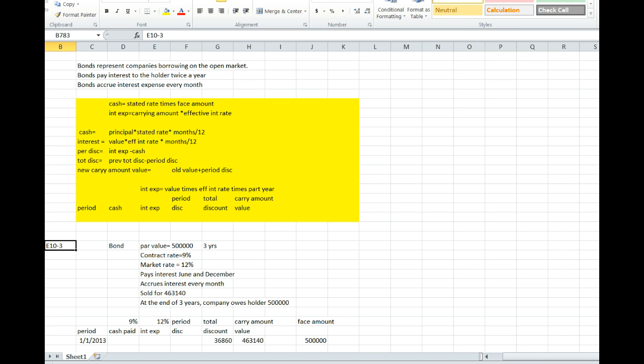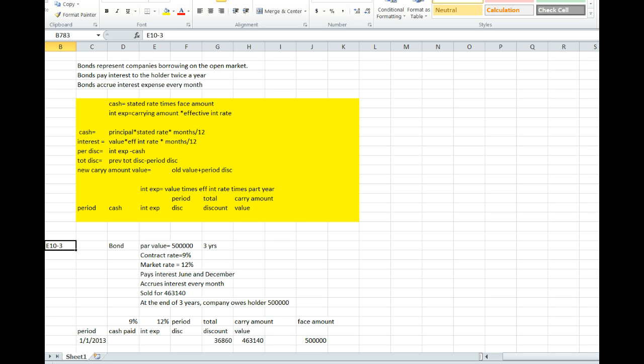The interest, though, because the market interest rate is 12%, our interest expense is always going to be the carrying amount or value of the bond times the effective interest rate, or 12% this time, divided by the number of months we're dealing with.